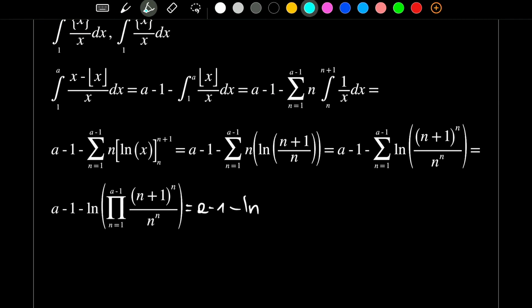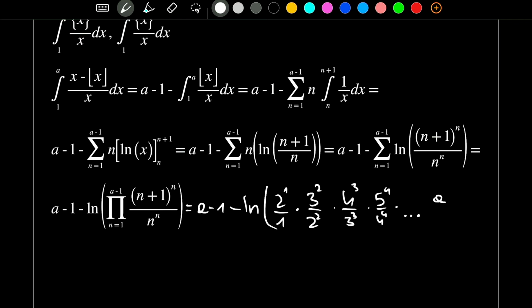So this product denotes the exact same as a sum, but then we're going to multiply each term. So let's give some examples here. We're going to get 2 to the power of 1 for the first term, n equals 1, divided by 1, times 3 to the power of 2 divided by 2 to the power of 2, and so on, up to a to the a minus first divided by a minus 1 to the a minus first power.